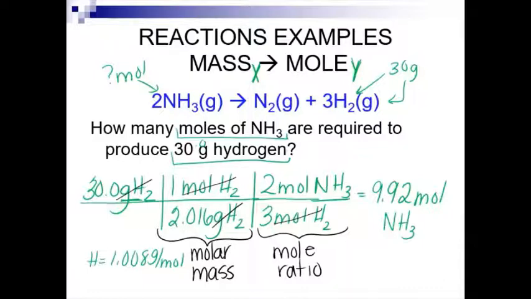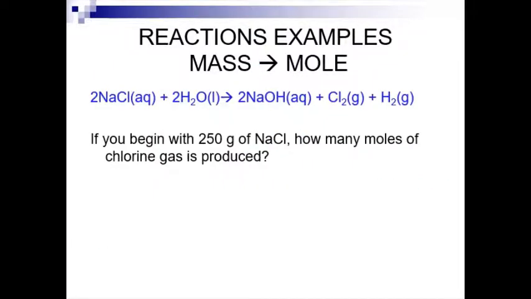Let's do one more example. So, a very long one. If you begin with 250 grams of sodium chloride, so we've got 250 grams of sodium chloride, and we'll go ahead and make that 3 sig figs, so put a decimal behind the 0. How many moles of chlorine gas?